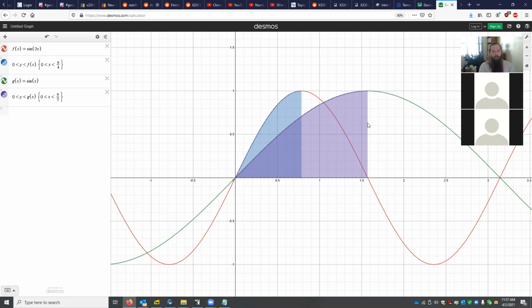So if I took this purple region and squished it down by a factor of 2, it would become this blue region. In other words, the purple region here is exactly twice as large as the blue region. Or if you want to think of it in terms of little rectangles, if you take all the little rectangles for the purple region and you chop them in half horizontally, you'll get all the little rectangles for the blue region.